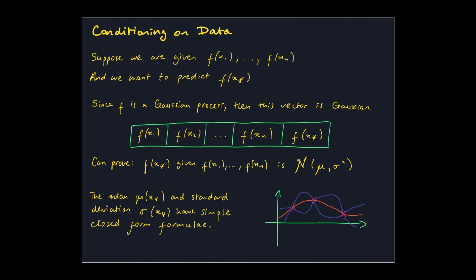So in particular, there's a formula for the mean and a formula for the standard deviation, and it's a closed-form expression just involving evaluating the covariance matrix on the input points.